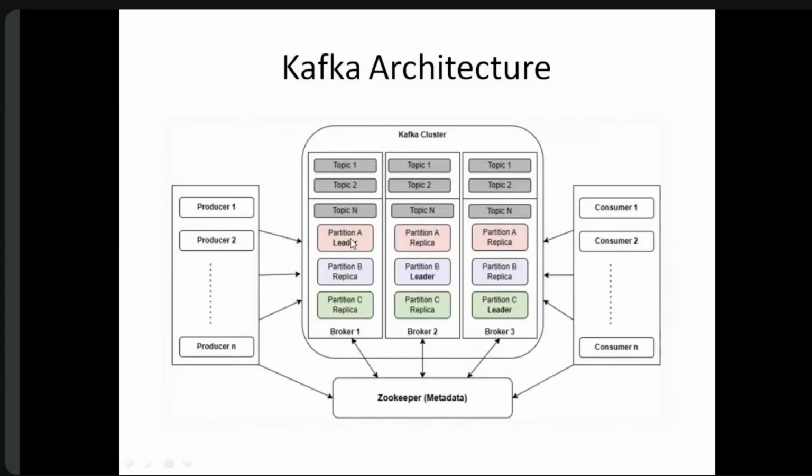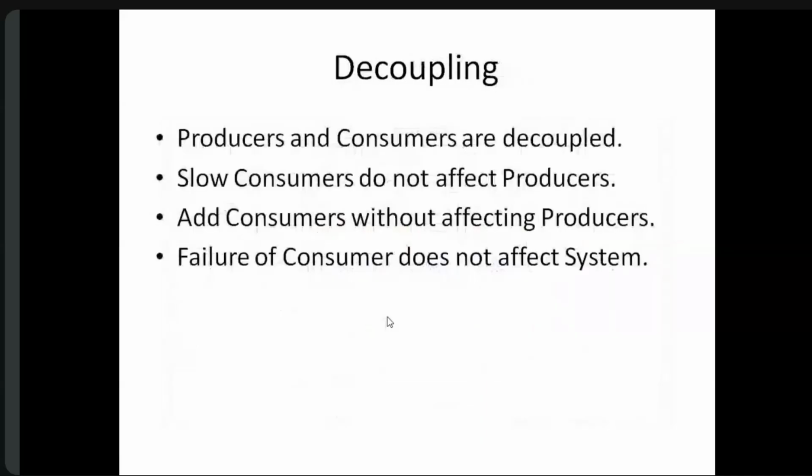How the data goes into the partition, I'll explain in the next slides. You only need to understand this concept: Zookeeper gives the information about topics, partitions and leaders to the producer and consumer, and they can easily reach that particular broker.